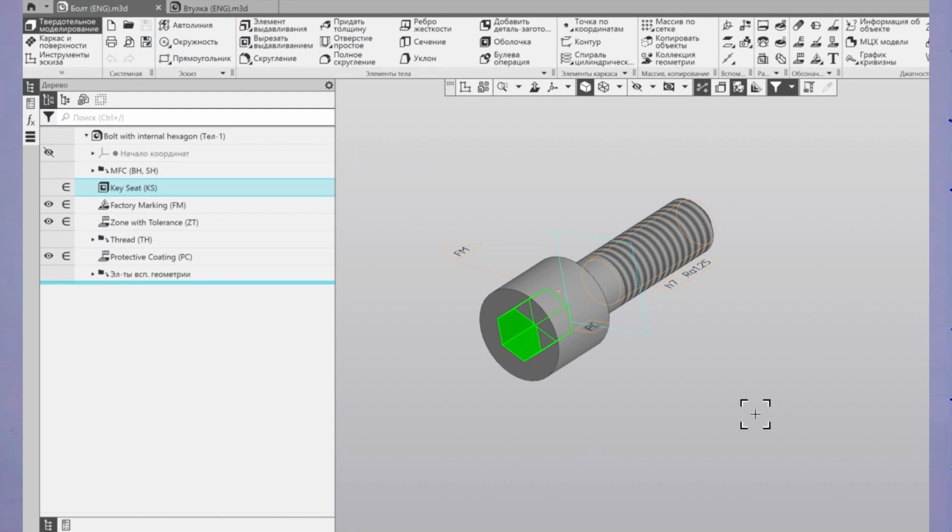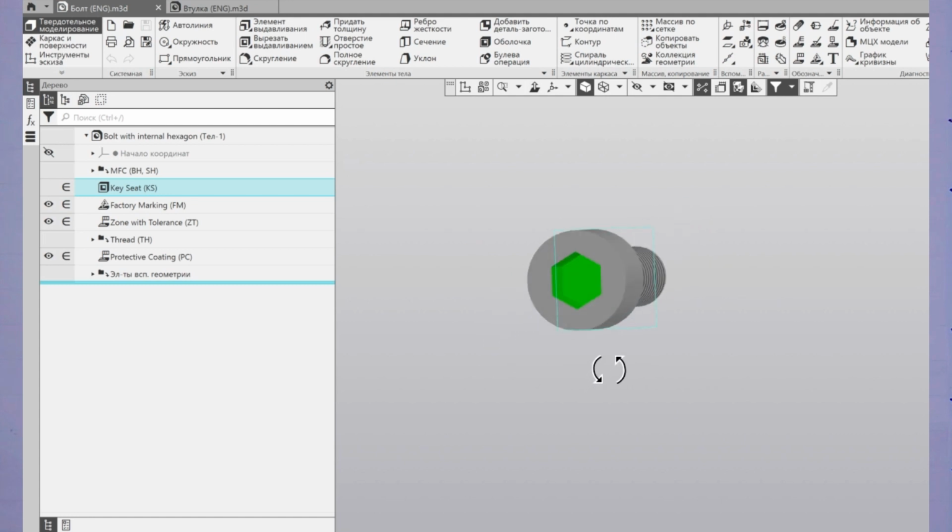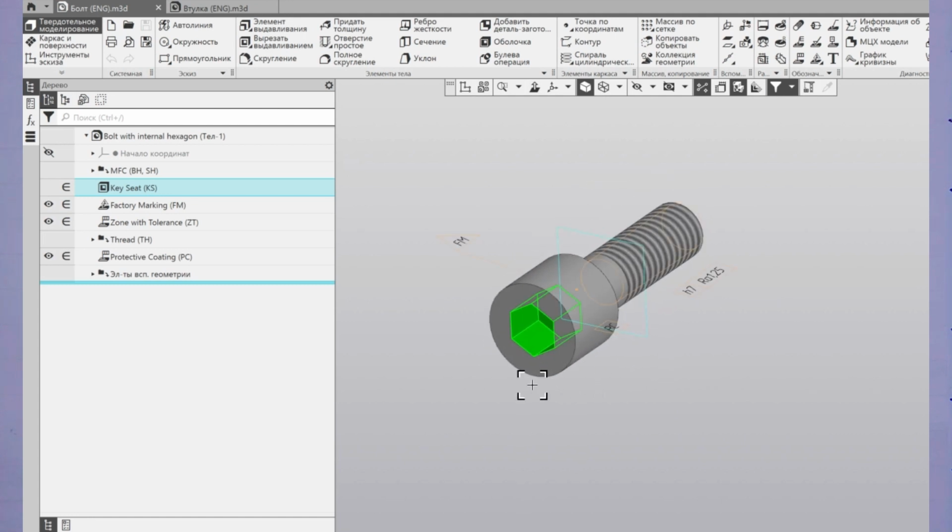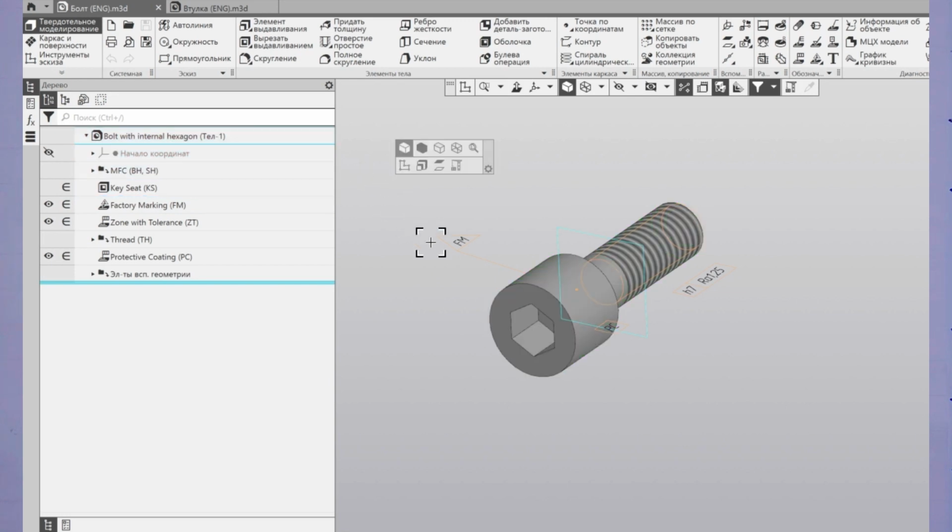A practical case of applying the rule of standard technological elements and the rule of avoiding surfaces, discussed by us in issue number 7, is an example of a complete model of a bolt with a head and an external hexagon key seat.